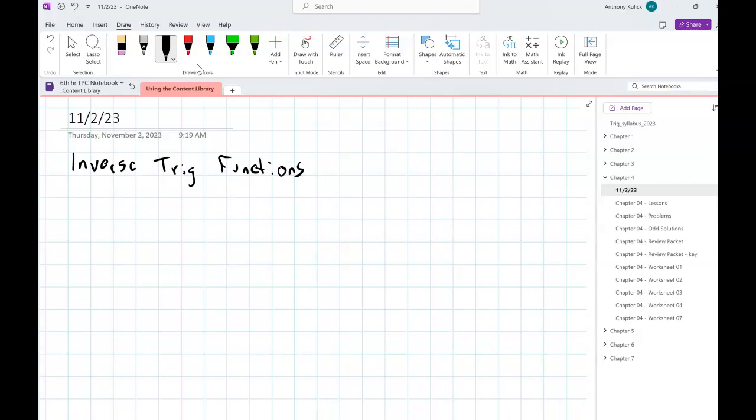What do we know about inverses? It's not really the opposite. When we say opposite in mathematics, you mean the negative of it. So 3 and negative 3 are opposites. But that's not really what we mean by an inverse.